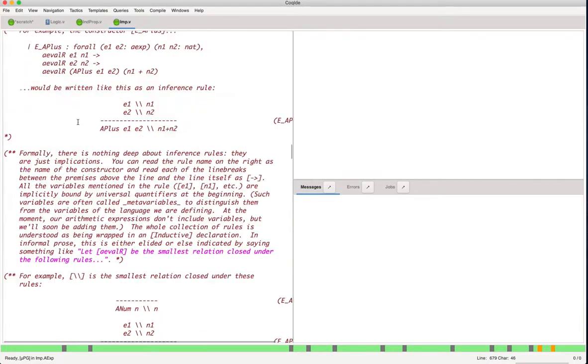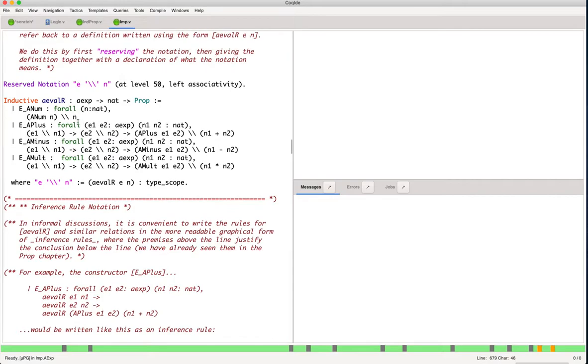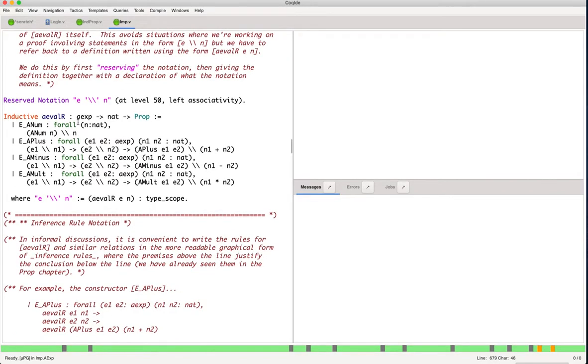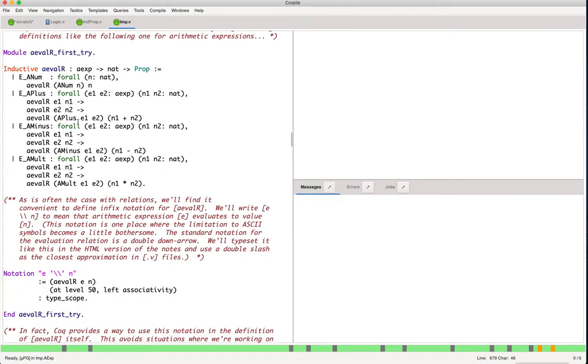So if I go back up to the Coq definition of this, the long form is this one up here. We're defining a eval R as an inductive relation, so it's a Prop. You can see from the arguments that it's a relation between arithmetic expressions and natural numbers.